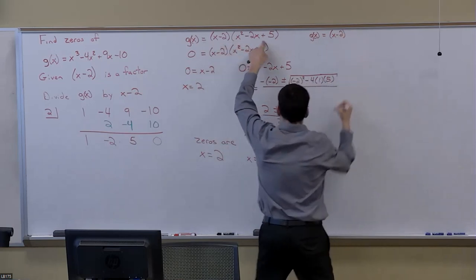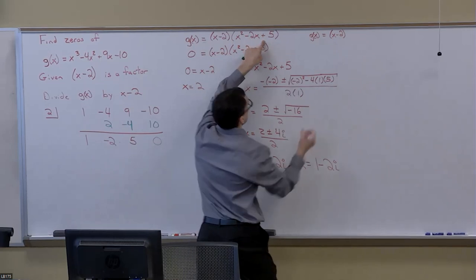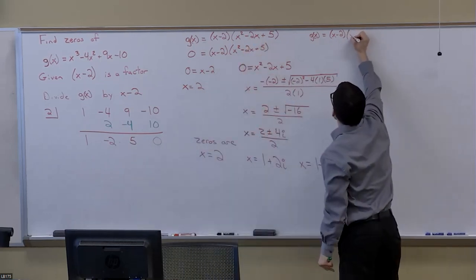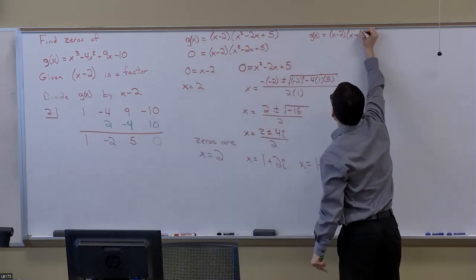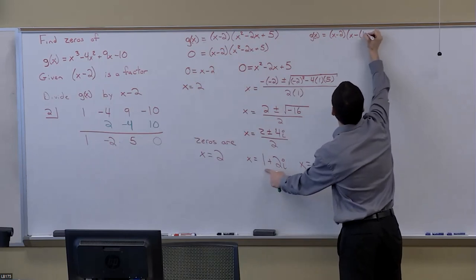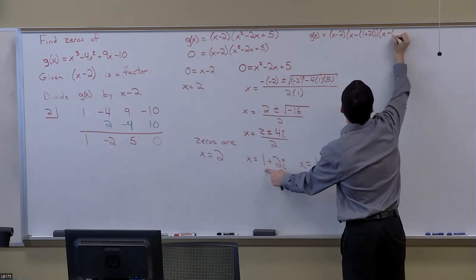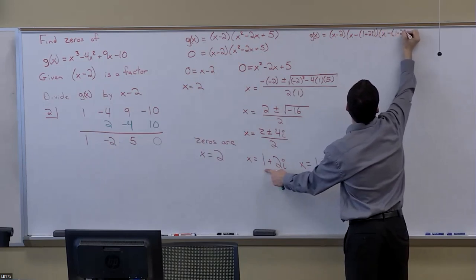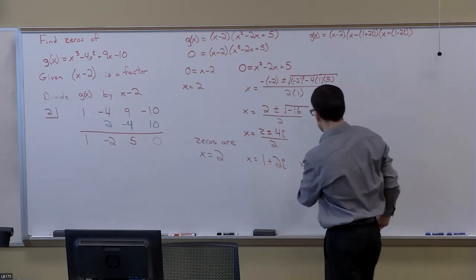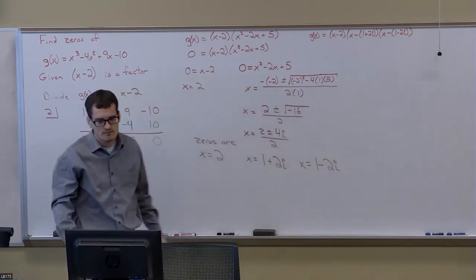But what these are telling you is that the other factors would be x minus (1 plus 2i), that complex number, and x minus (1 minus 2i), that complex number. You follow that?